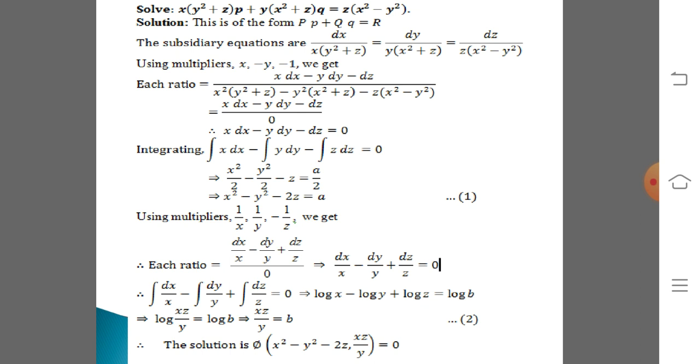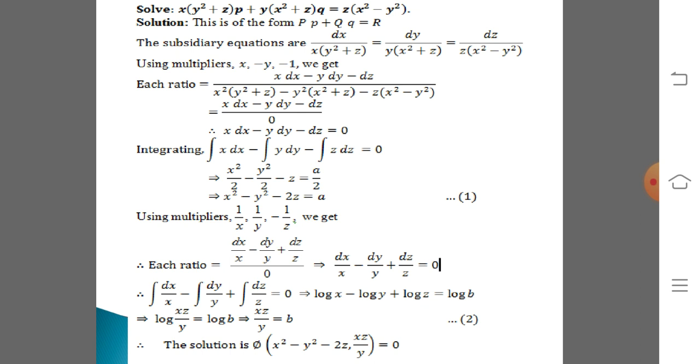So this PDE is also of the form Pp plus Qq equal to R, where P equal to x into (y square plus z), Q equal to y into (x square plus z), and R equal to z into (x square minus y square). Therefore, the auxiliary equation is dx by x into (y square plus z) equal to dy by y into (x square plus z) equal to dz by z into (x square minus y square).